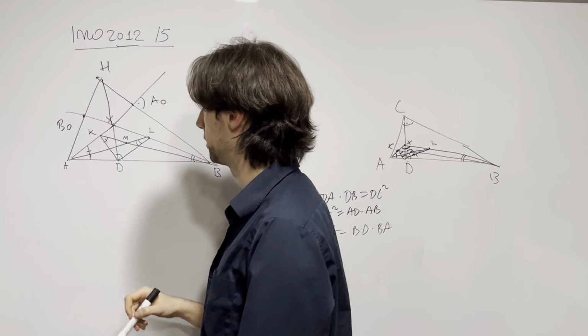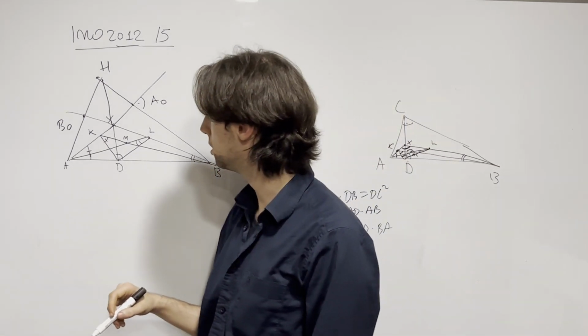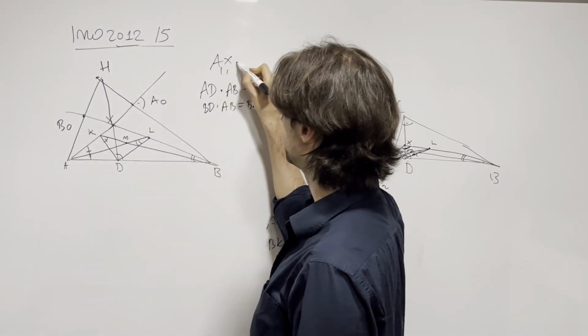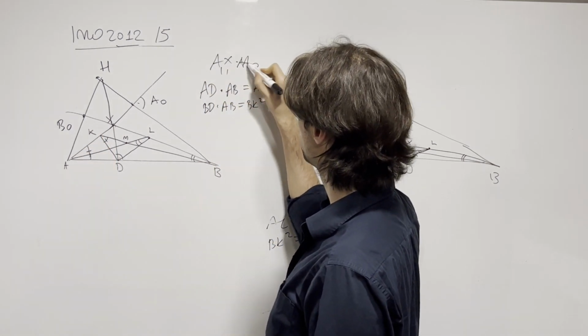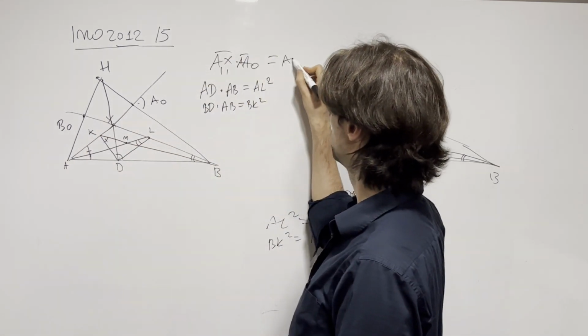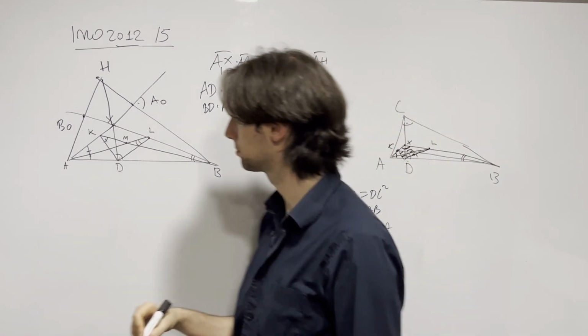X, D, H are collinear. And now I have that AD times AB is also equal to AX times AA0, and it's also equal to AB0 times AH.